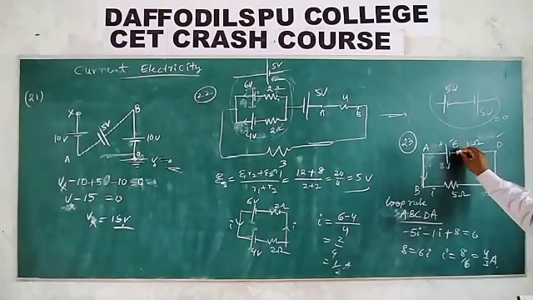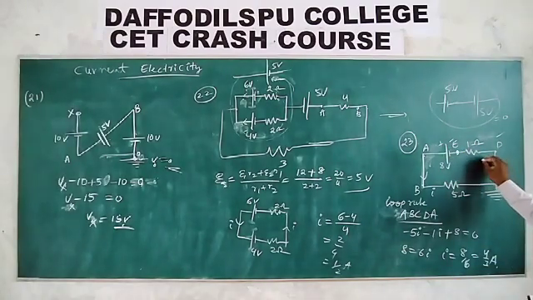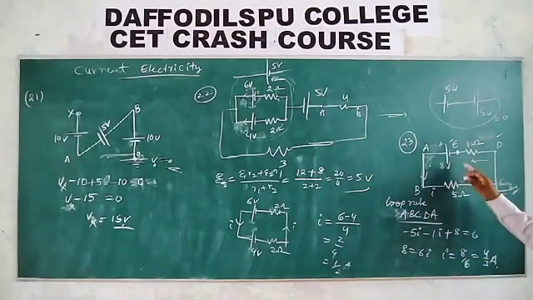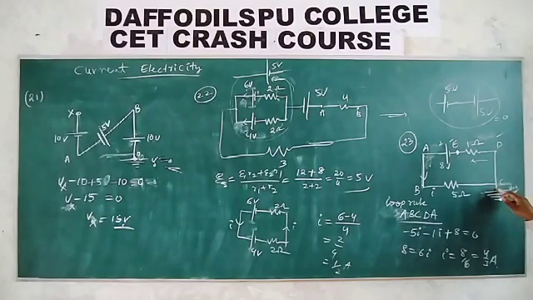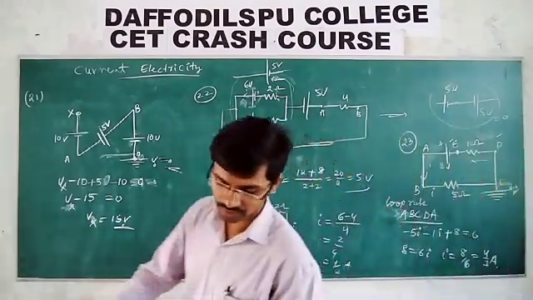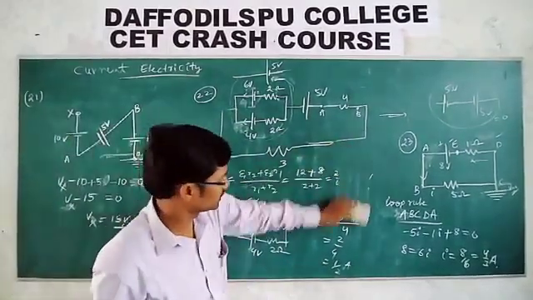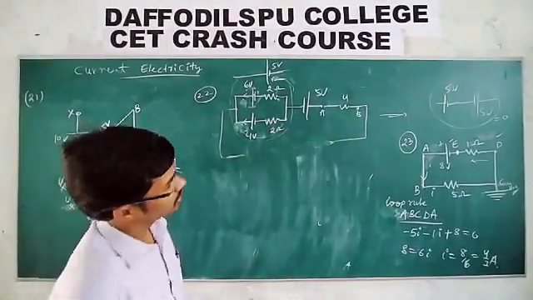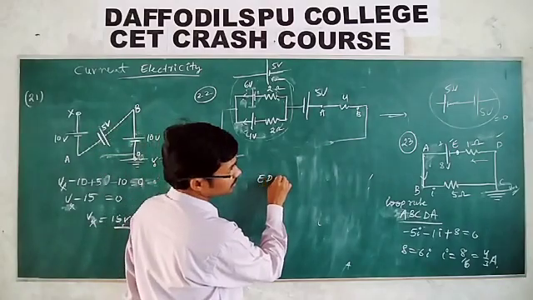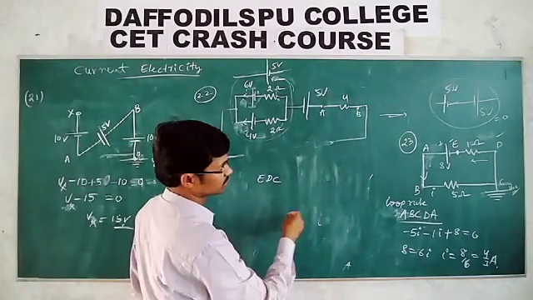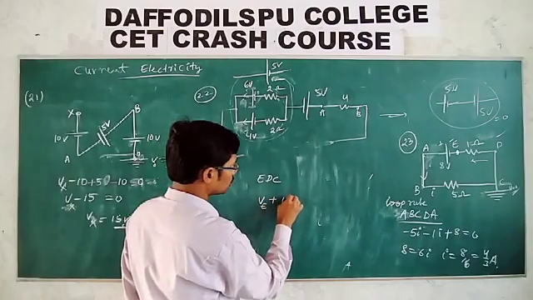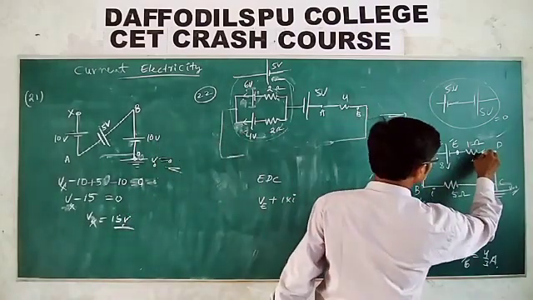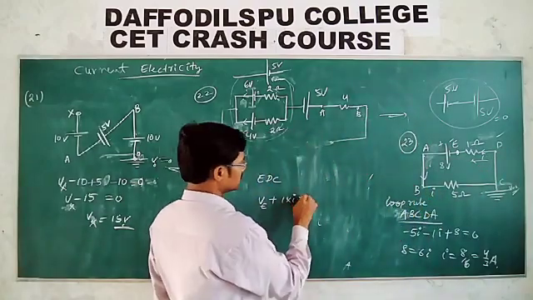Potential at this point, when you go in the direction of the current, VE plus 1 into I is equal to VC. VC is nothing but 0. And again apply the loop rule for E, D, C. VE plus 1 into I, because current flowing in this is I, opposite means plus, is equal to VC.